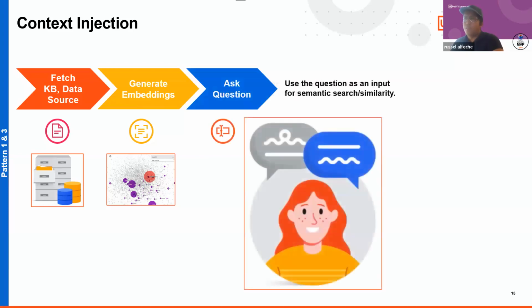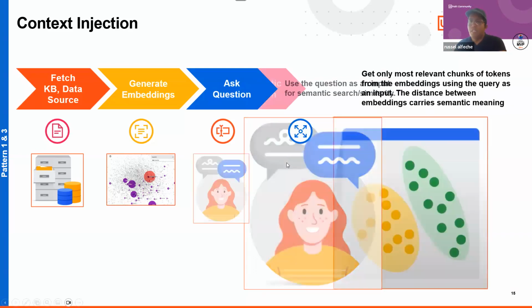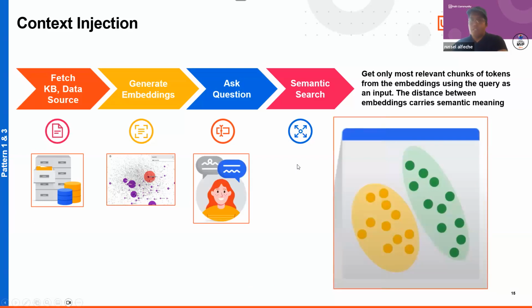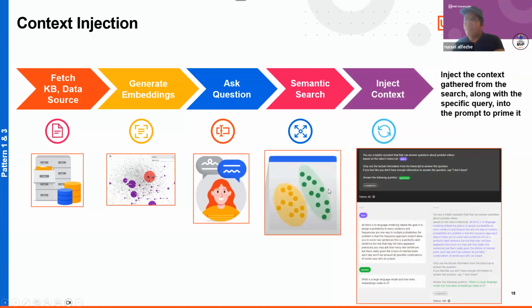So as soon as you ask your question, the question will also be converted into these numerical representations, or embeddings. Then you can use semantic similarity to get the most relevant chunks from your vector database. And then these relevant pieces of information can be injected into the prompt, based on the prompt you built or engineered.